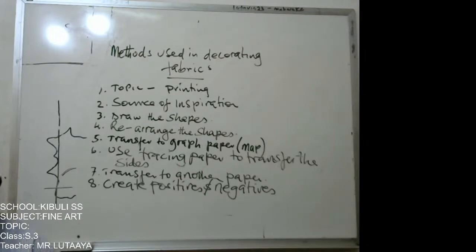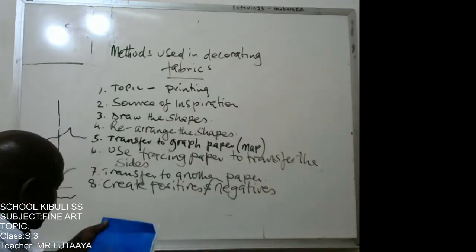Now, on the design, the positive designs are the parts that you shade. You shade using pencil. The negative parts are the ones that remain. This one's not showing it very well, let me explain it here.